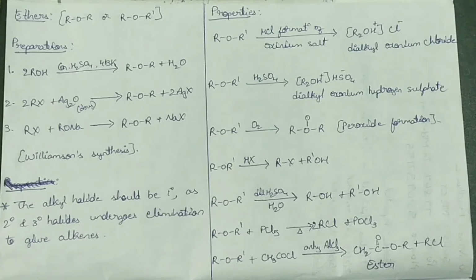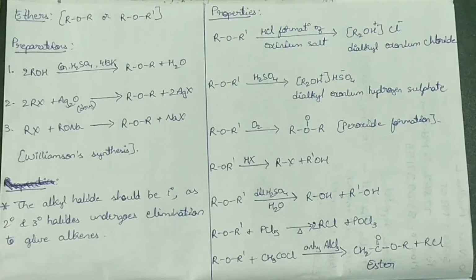So we cannot prepare an alkyl aryl ether using an aryl halide and sodium alkoxide. This is another important point to remember in ethers. So next, we shall look into the properties or reactions of ethers.